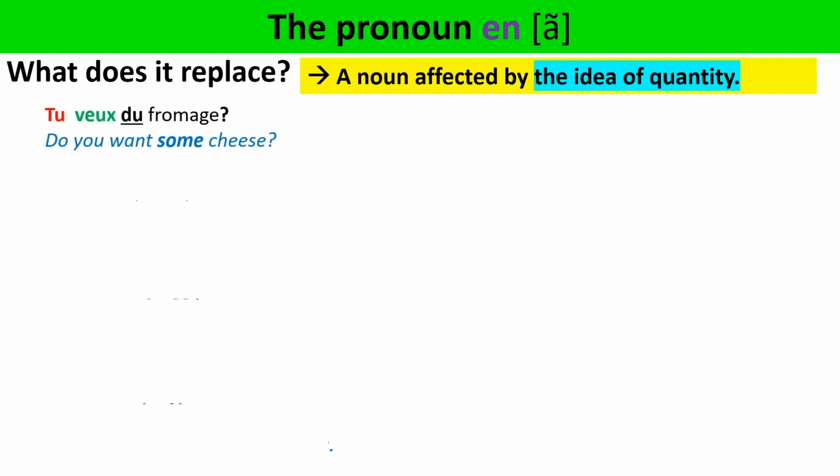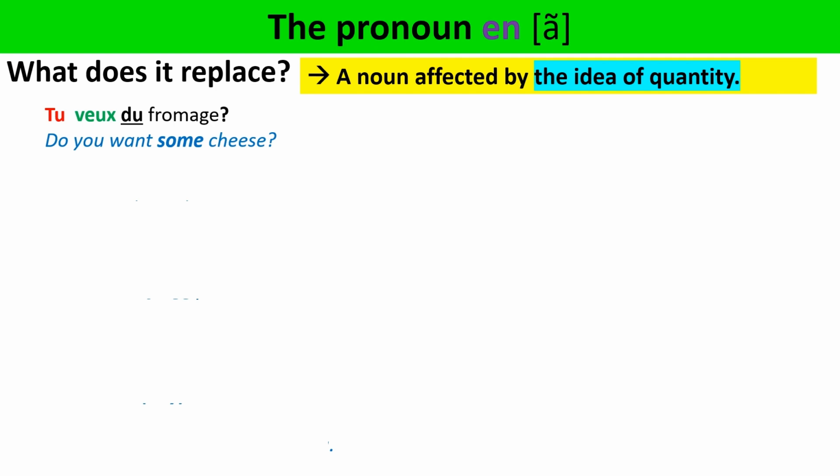So the first example is a question. Tu veux du fromage? Do you want some cheese? A certain quantity of cheese, and we've got du, which is what we call a partitive article that gives you the idea of quantity, a certain amount, some. I know in English you probably would say, do you want cheese?